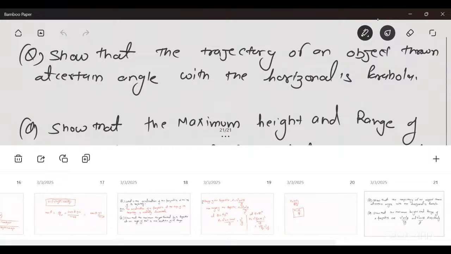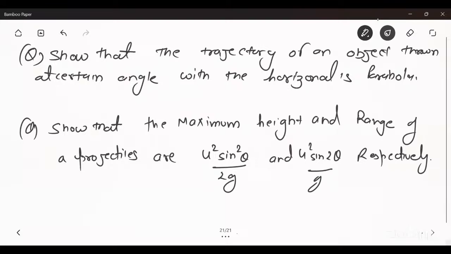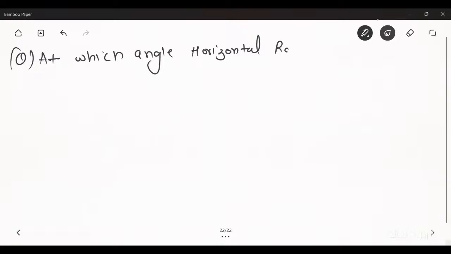Now next is: at which angle will the horizontal range and maximum height become equal?